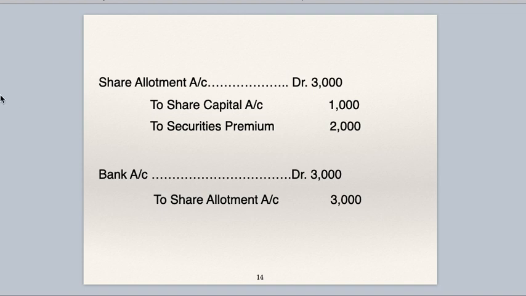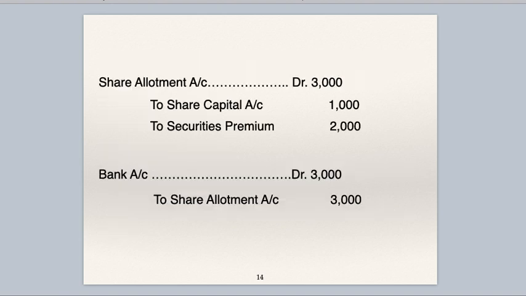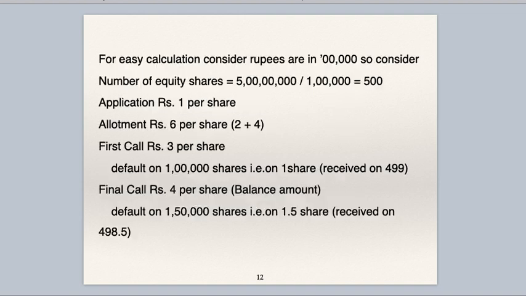We have written the breakup here: 2 plus 4. 2 should go to capital, 4 should go to securities premium per share. 500 into 6, 500 into 2, 500 into 4. Whatever was due on allotment, they have received. There is no default, so bank to allotment. These are two sets of entries for allotment money due and allotment money received.